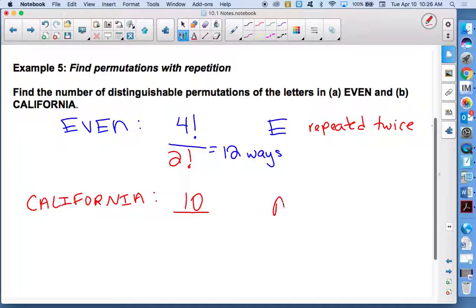A and I. A and I are both repeated 2 times. So you would divide it by 2 factorial for A and by 2 factorial for I. Any letter gets its own repetition, it gets its own factorial. So this is representing the A, and that one's representing I.